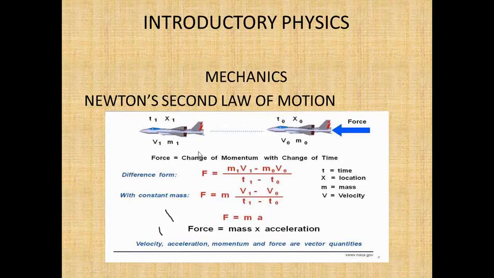The velocity, however, is going to be different, and the time is going to be different. So when you take out the mass, you have a change in velocity with respect to time. Change in velocity with respect to time is acceleration. So Newton's second law states that net force is equal to mass times acceleration.